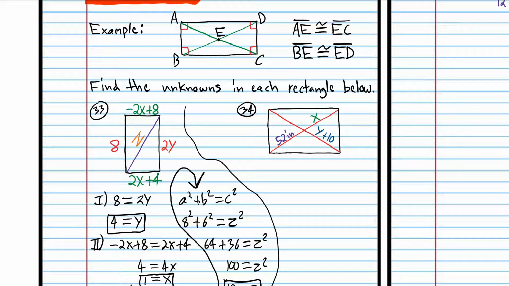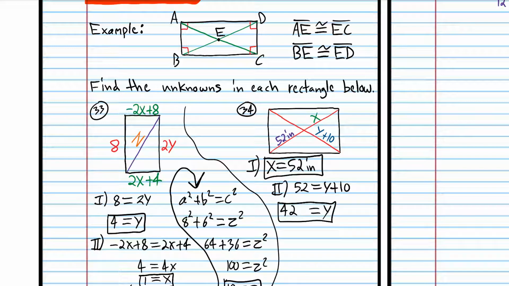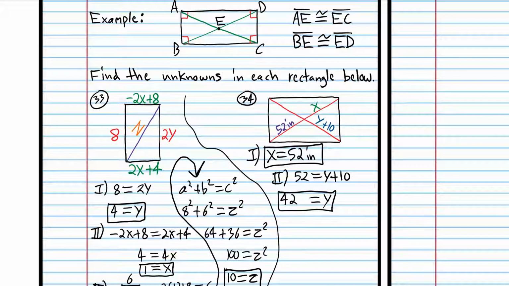So we know that x is equal to 52 inches. And we know that 52 must be equal to y plus 10 also, which means that y is equal to 42. So pretty easy on that one.